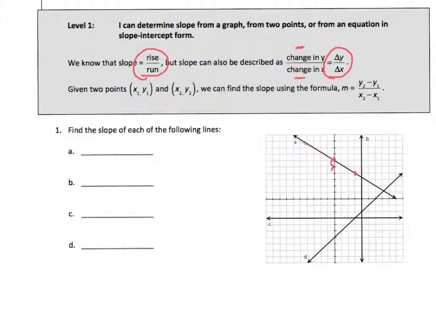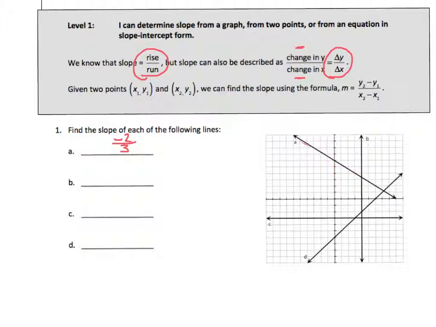I'm going to go down 2 and right 1, 2, 3. The rise is how far up or down I'm going, and I went down 2, so I put a negative 2, because I went down. Then I went right 3, so that's the run.